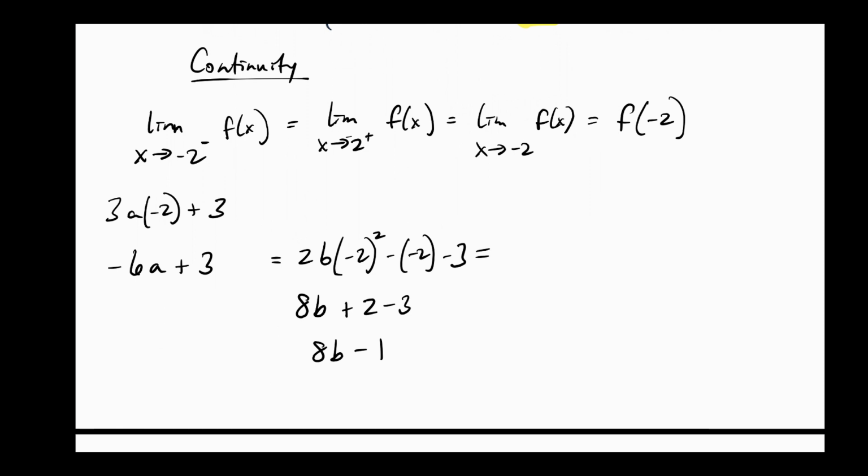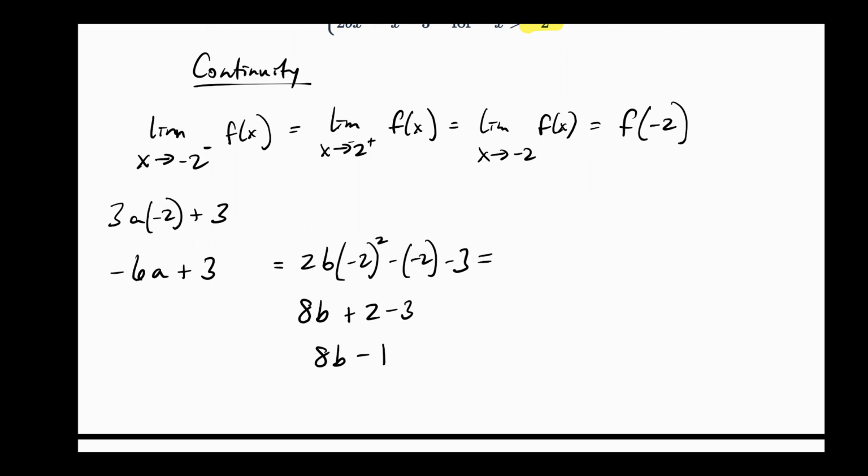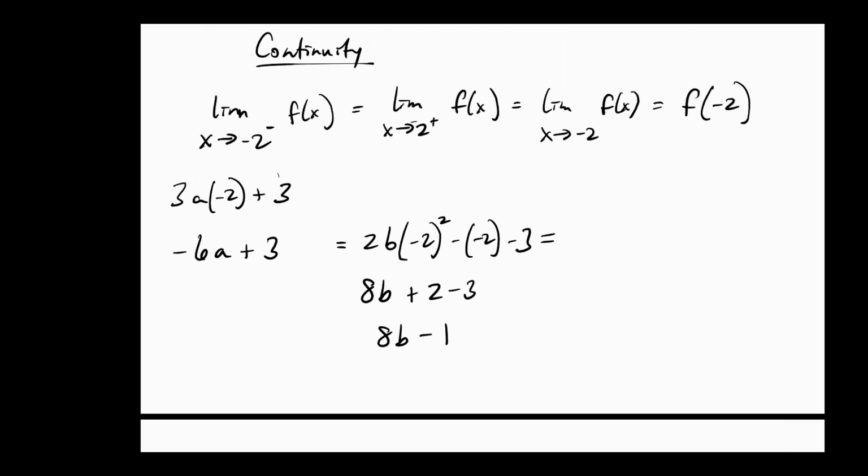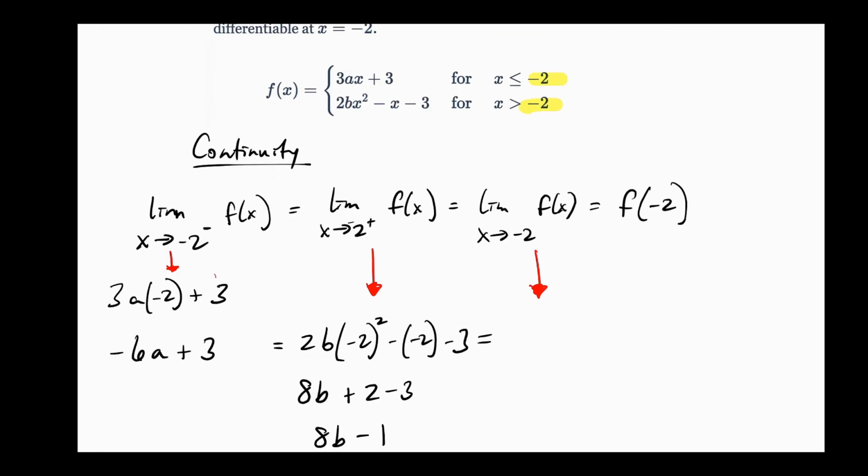All right. So how do I do the next one? It would be plugging -2 into the first piece, because it's equal.